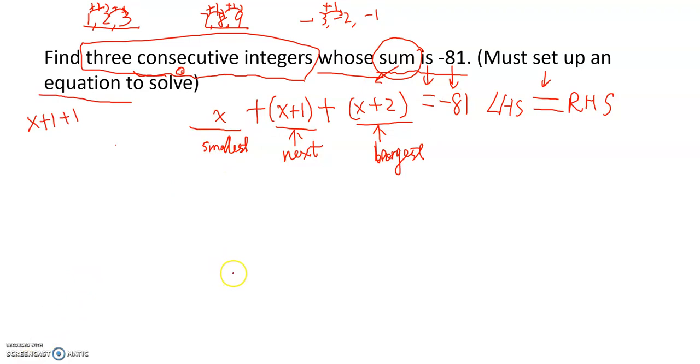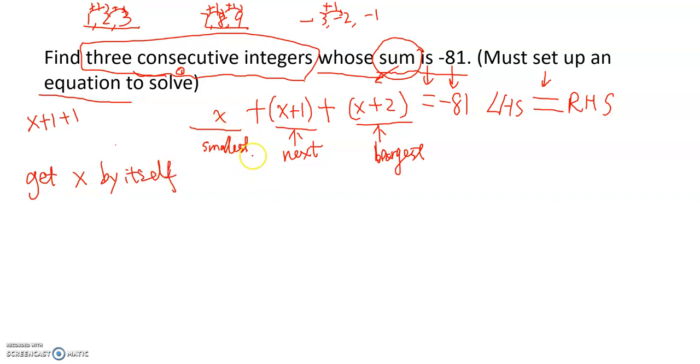When we solve a linear equation, our goal is to get x by itself. So first we notice that in this expression we have 3 x's, x, x, x, that we can combine.